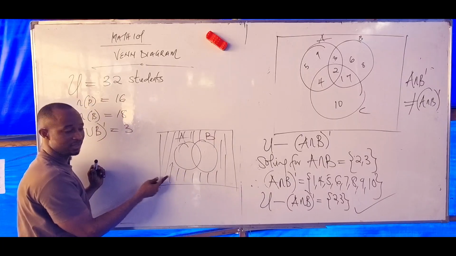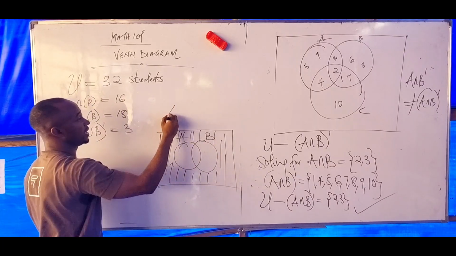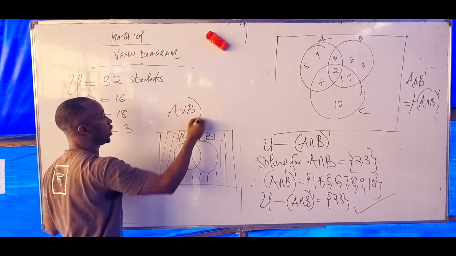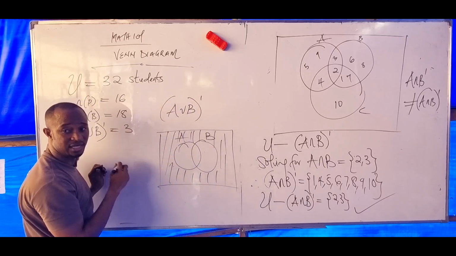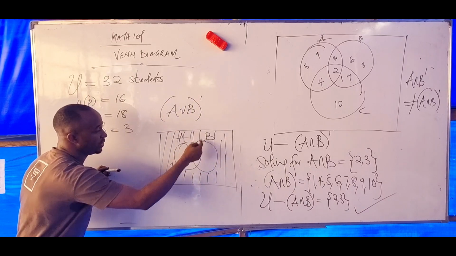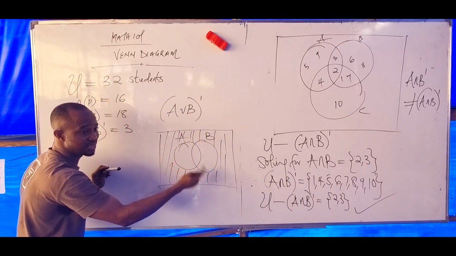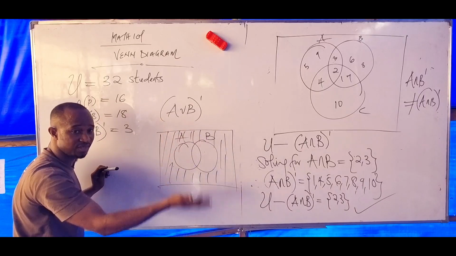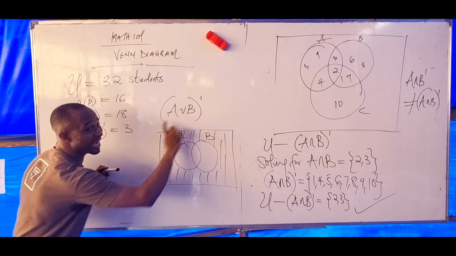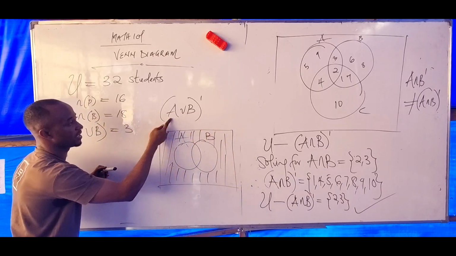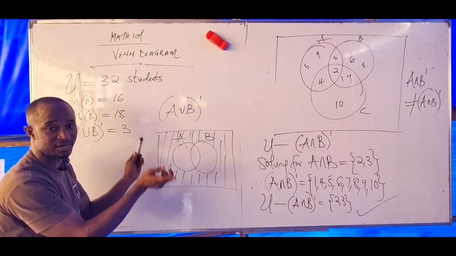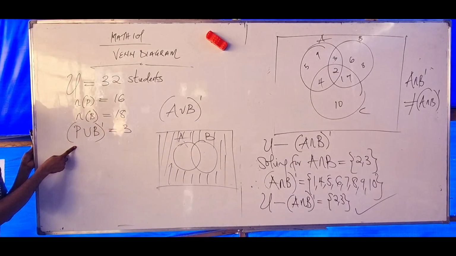This diagram is A union B, all prime. If I shade only A and B, it represents A union B. But if only the outside is shaded, we have (A union B) prime. Are we correct here?